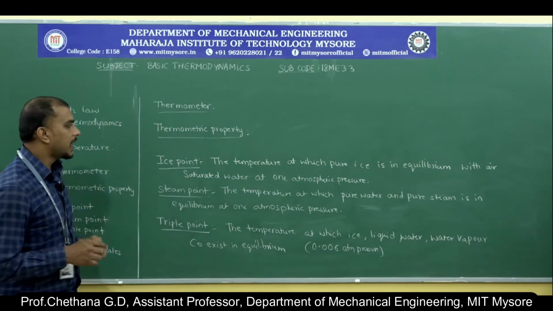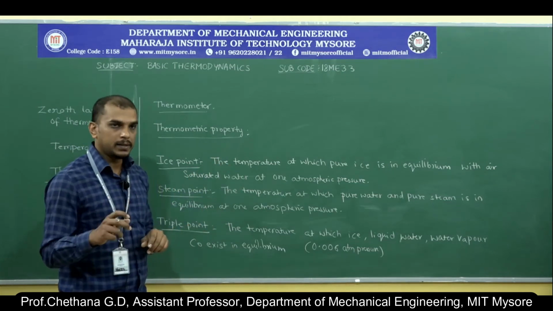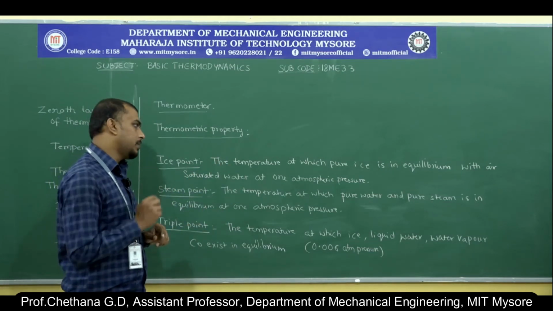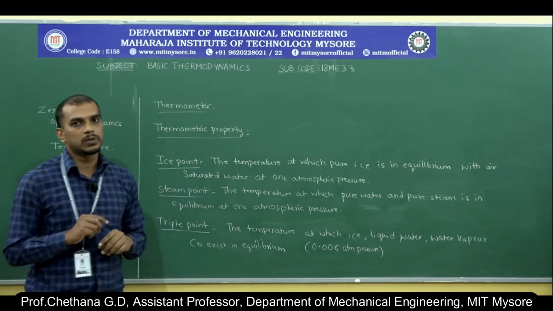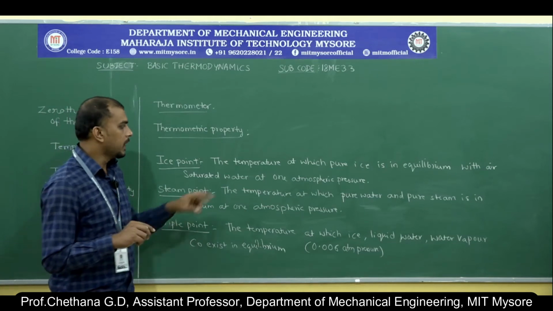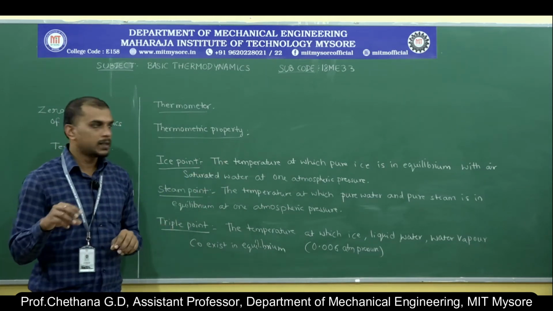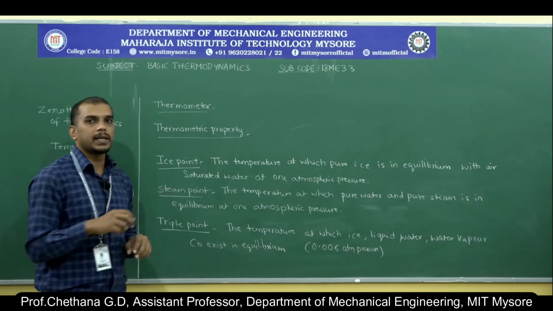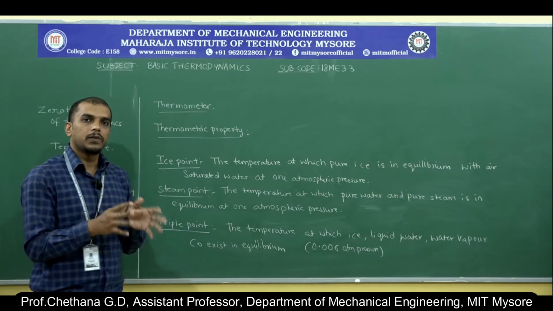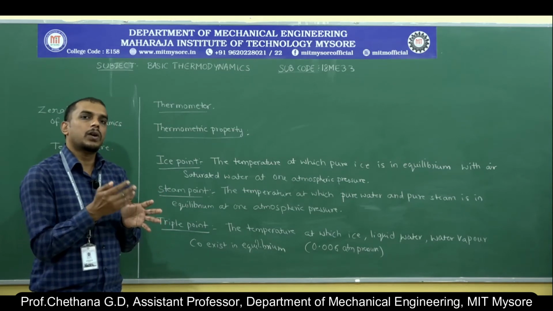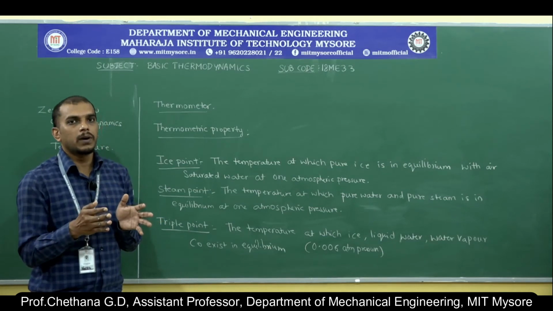The first definition is the ice point. It is the temperature at which pure ice is in equilibrium with air saturated water at 1 atmospheric pressure. So, pure ice and water are there. If you mix them, the ice should not melt, and the water should not freeze back to ice.